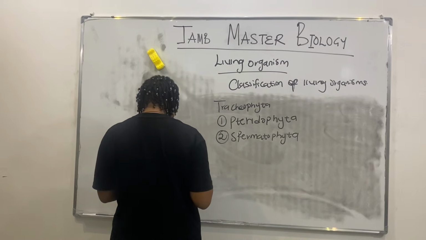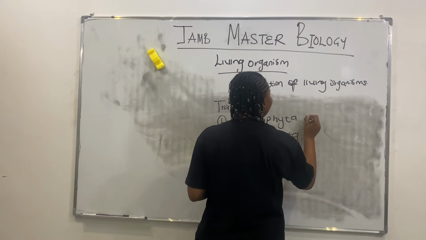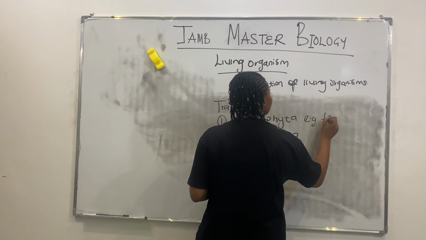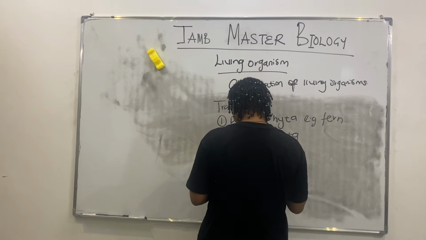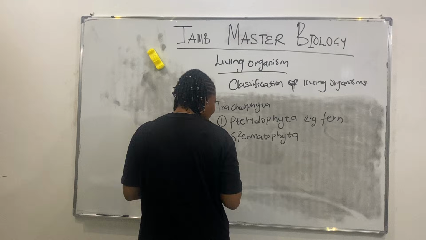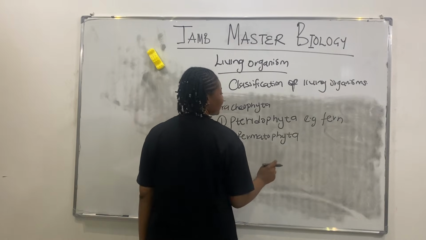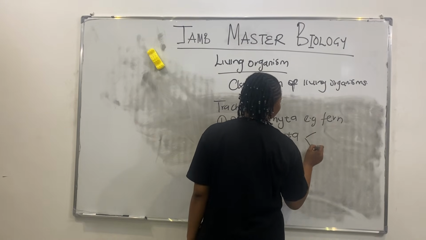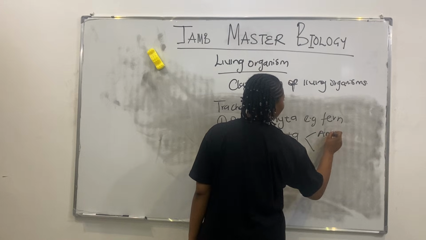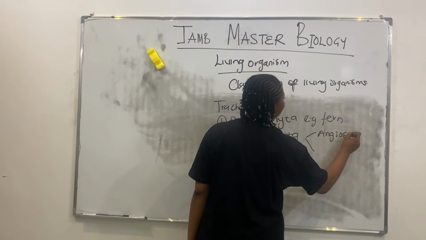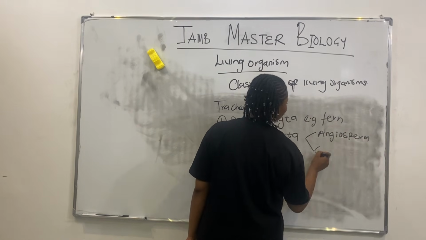Now, under pteridophytes, for example, we have fern. Spermatophyta is now divided into two again, which is the what? Angiosperm and gymnosperm.